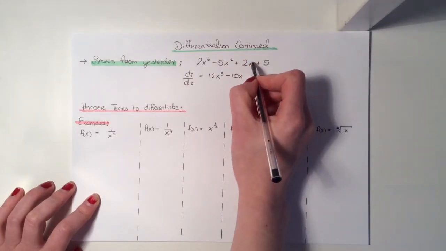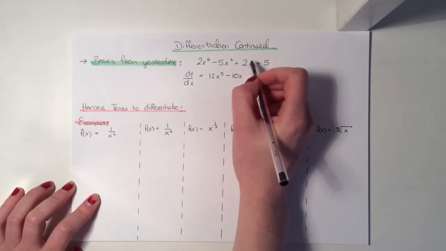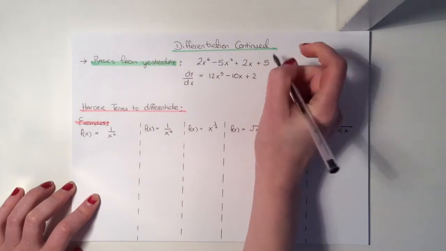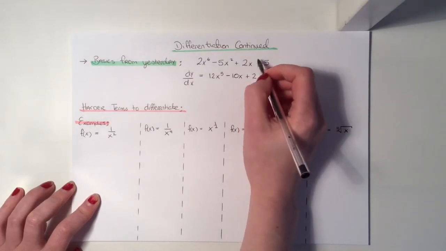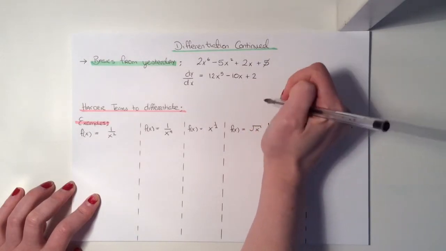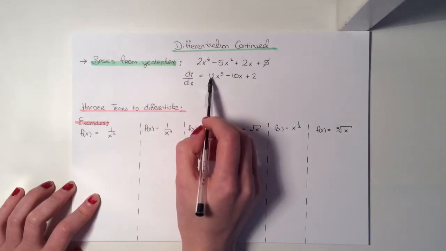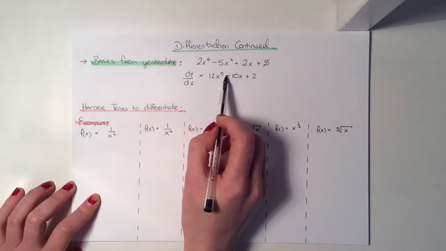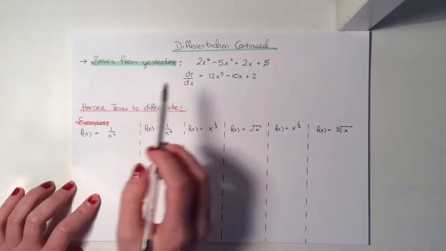So then 1 times 2 is just 2. And then 1 minus 1 is 0, so you'd have x to the power of 0, which is just 1, so that cancels out. And remember what I said, coefficients always cancel out. So this now dy dx is 12x to the power of 5 minus 10x plus 2.